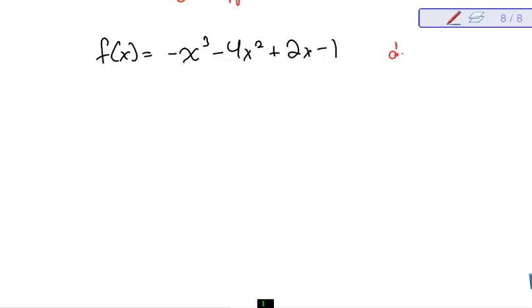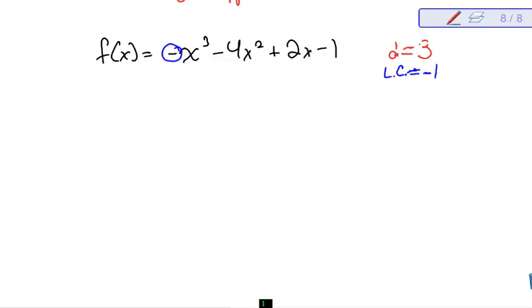So my degree in this case is going to be a 3, because that is my largest exponent. My leading coefficient is going to be this understood negative 1, because it's the one that goes with my leading number there.